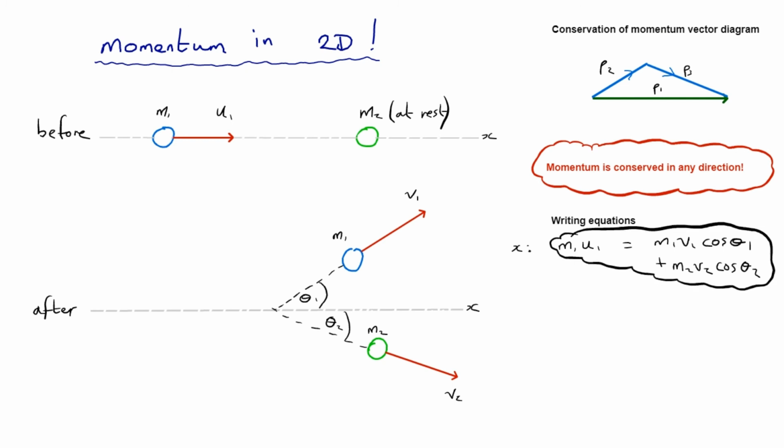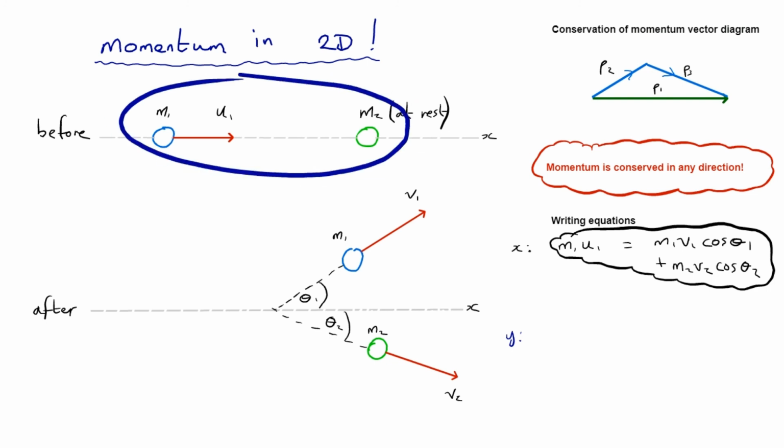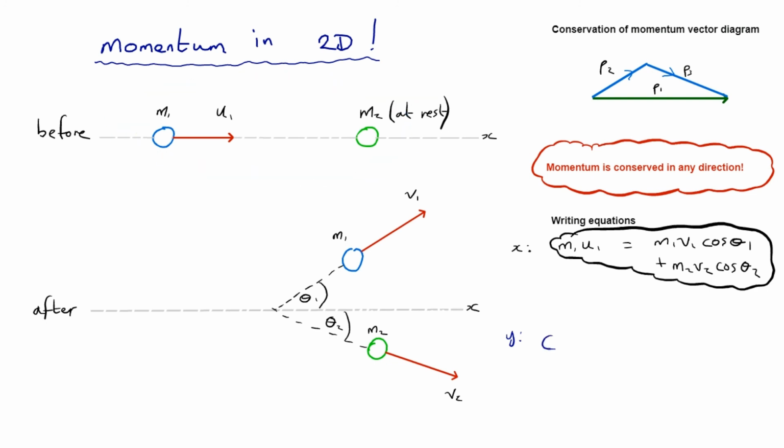Very useful. Now let's do it for the y direction. By y direction, I'm talking about this direction perpendicular to the x direction, because it's an obvious direction to choose. This time, there is no momentum in the y direction before, so 0 equals, and again, feel free to have a pause and write down the equation.